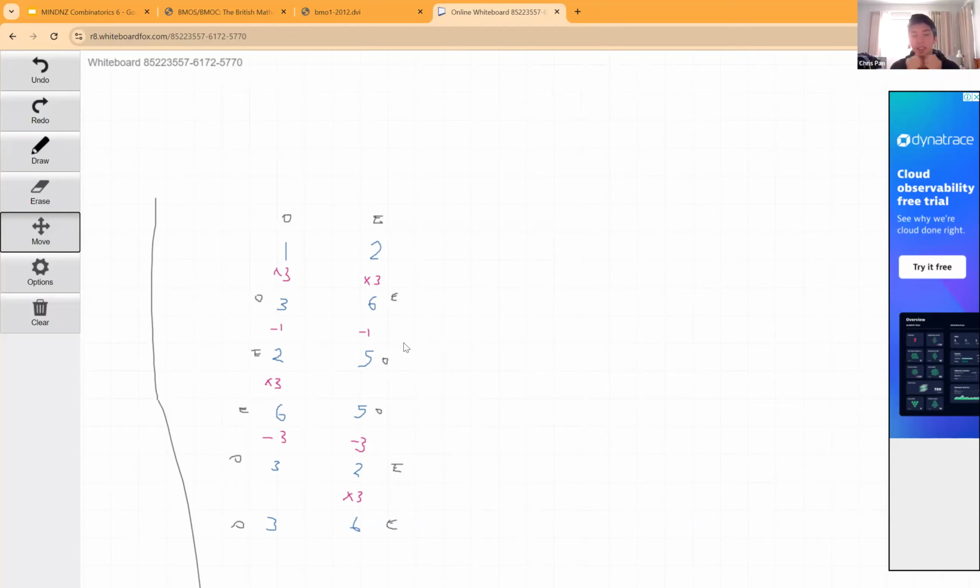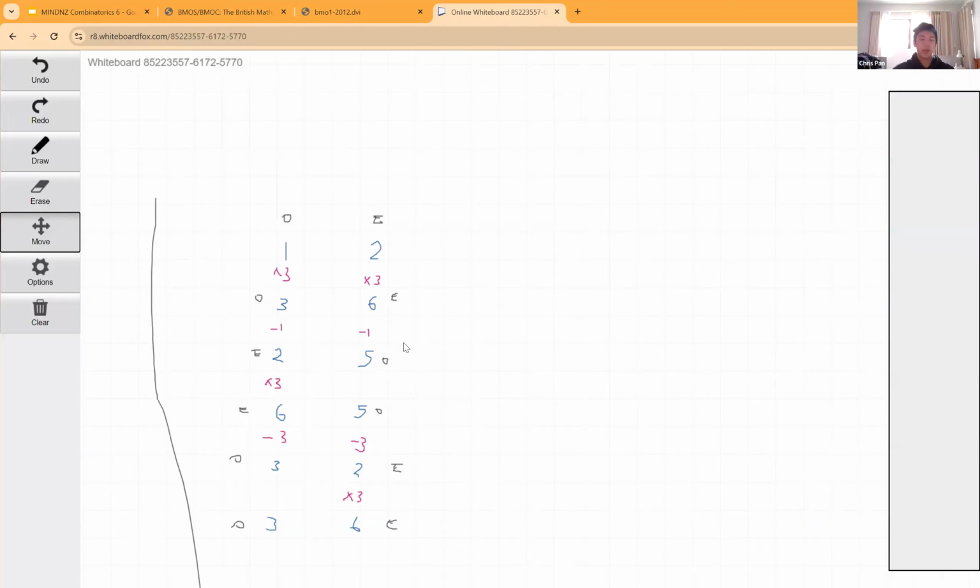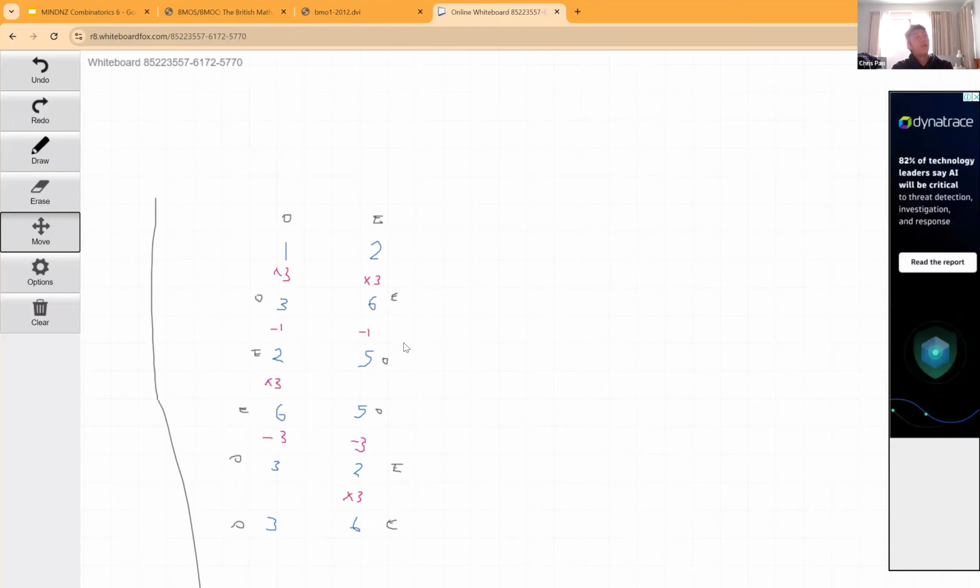So if the parities are different at the start, they're always going to be different. It's always going to have one odd number and one even number, which in particular means they're never going to be the same number, because that would mean their parities are the same. Therefore, we're never going to be able to empty both bags.